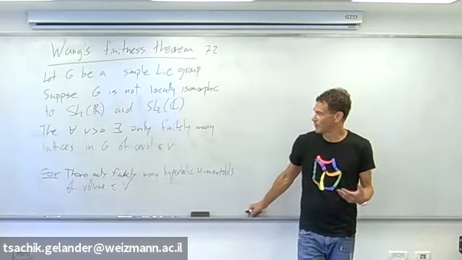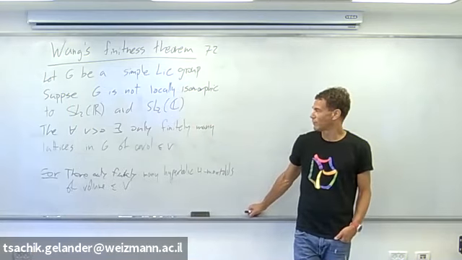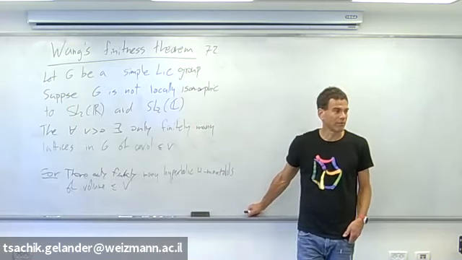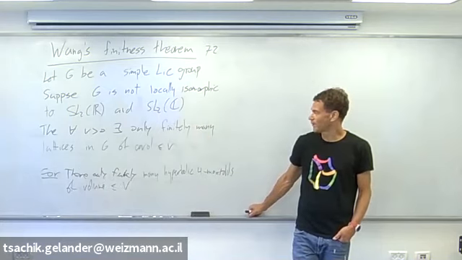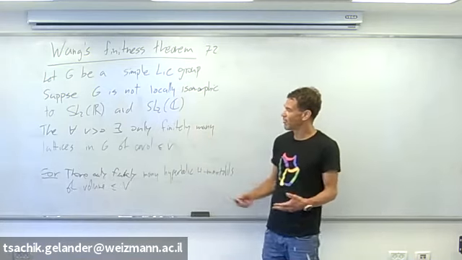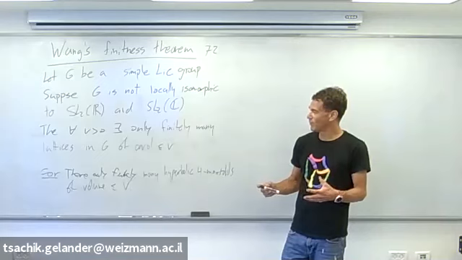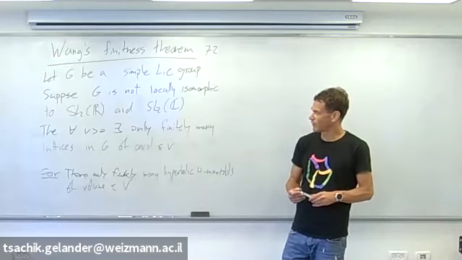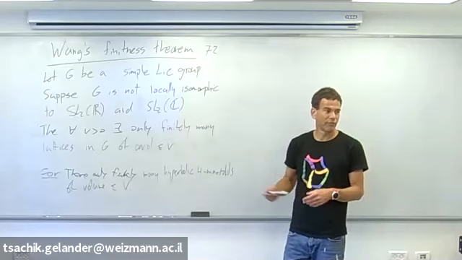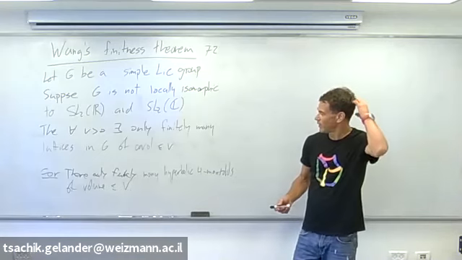There are only finitely many topological manifolds in dimension 2, but each of them has continuously many hyperbolic structures. In dimension 3, each hyperbolic manifold has a unique hyperbolic structure. This is Mostow rigidity, which we will also discuss soon.